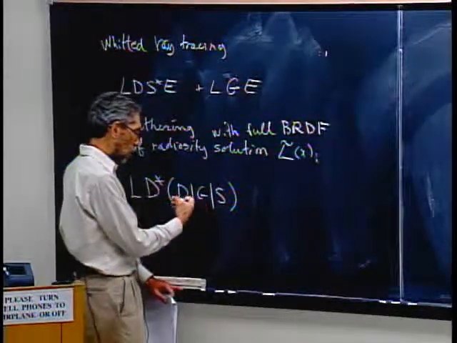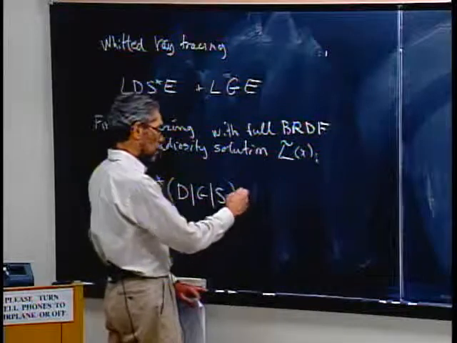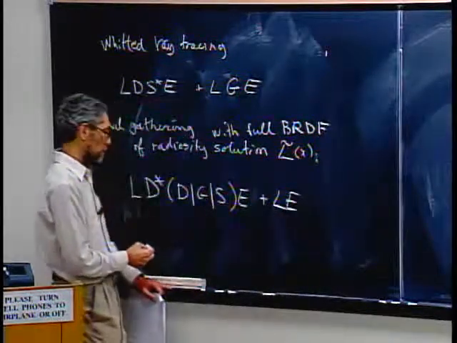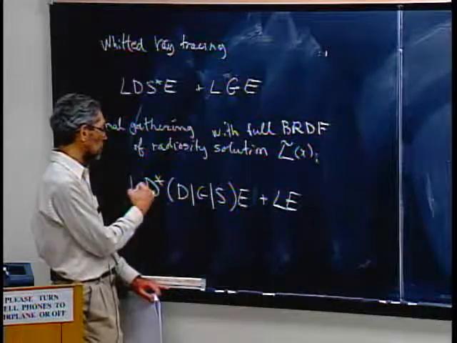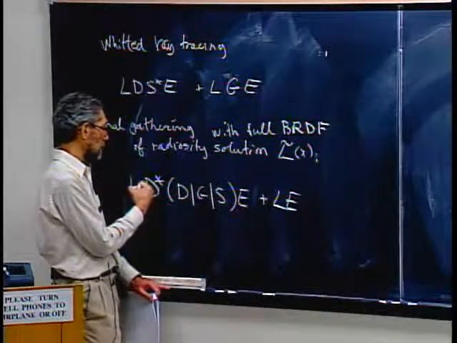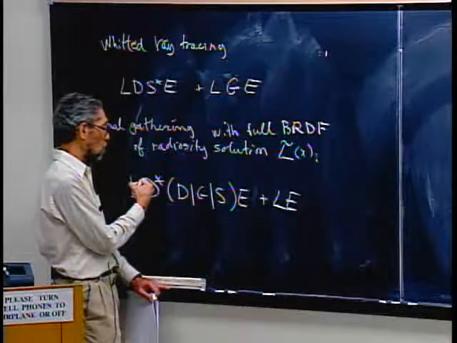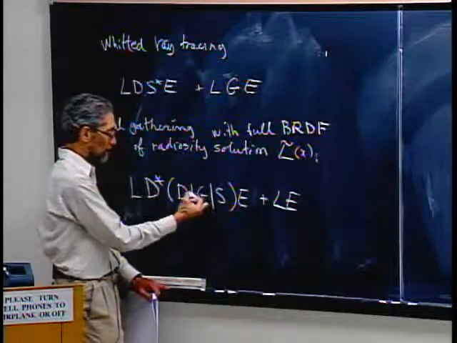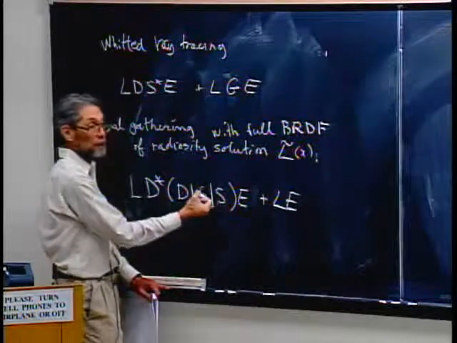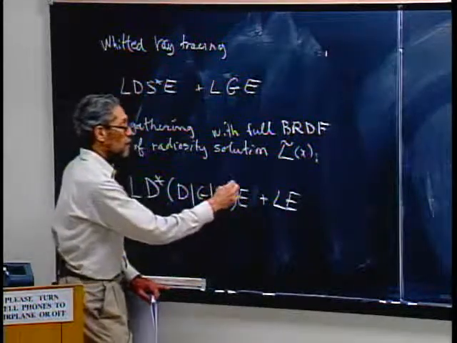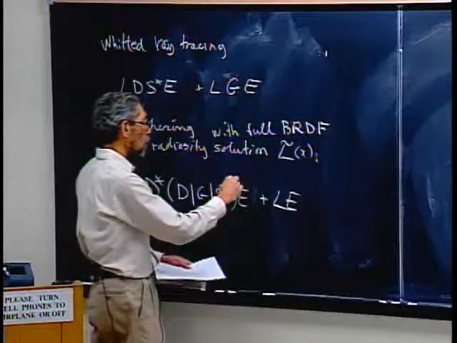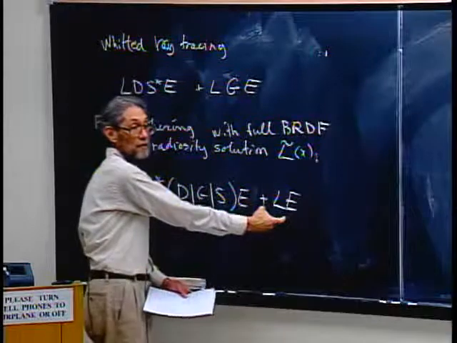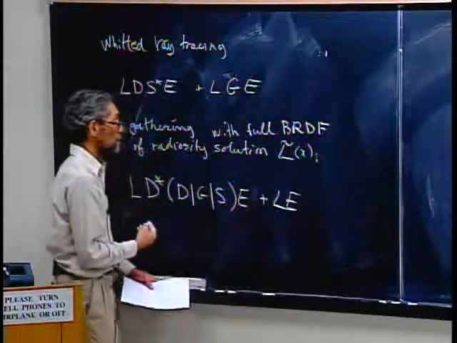And I guess if I say one or the other but not 0, I better add on L E, the direct part, because the radiosity solution already has the direct illumination as part of it, but by saying this thing has got to be non-empty, we're only doing it one time, not 0 times, so I better add on the direct light source. So this is the final gather.